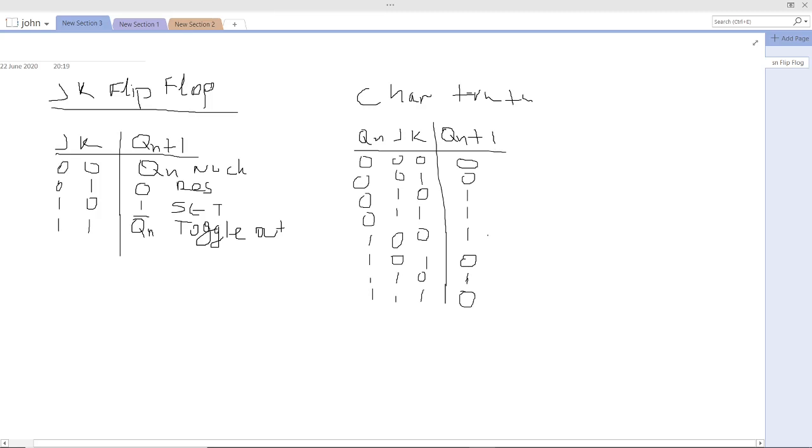Also, let's try to find out the excitation table of the JK.